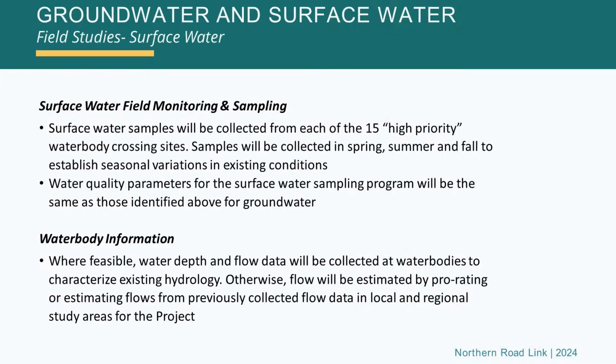Let's talk a little bit about surface water field studies. What we do in that case is we identify the high priority water body crossing sites. So we focus our surface water sampling on the areas where the crossings will occur, right?